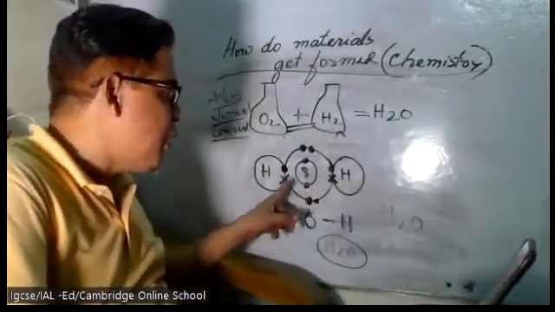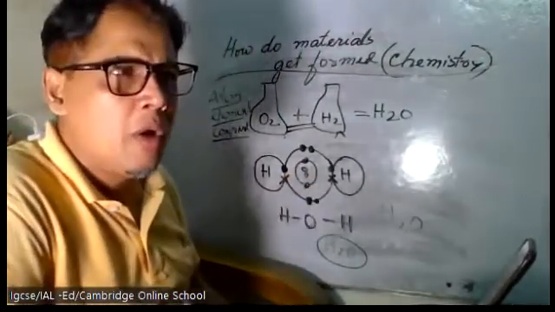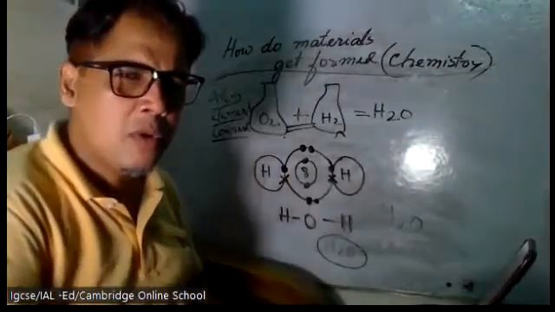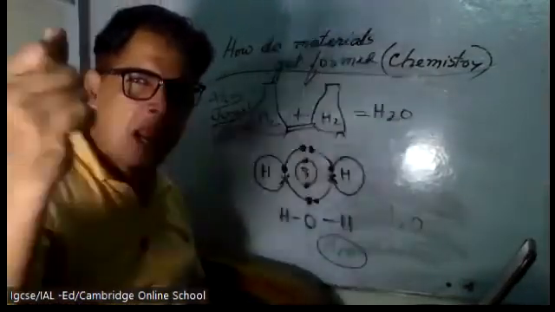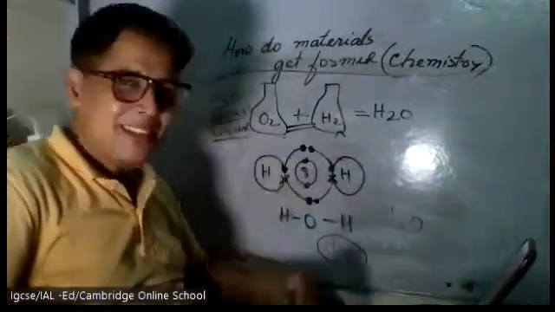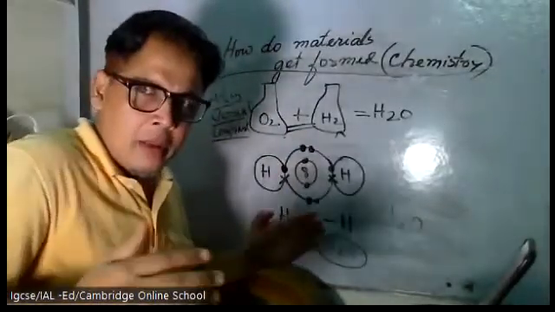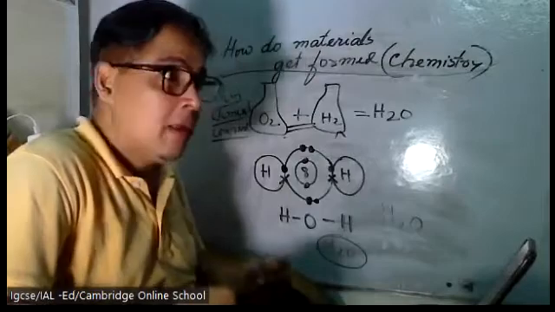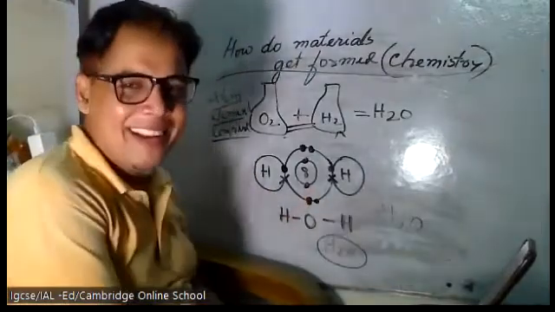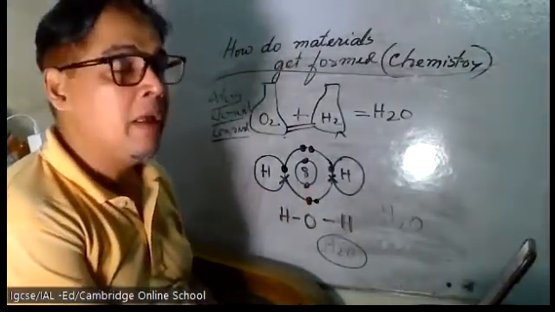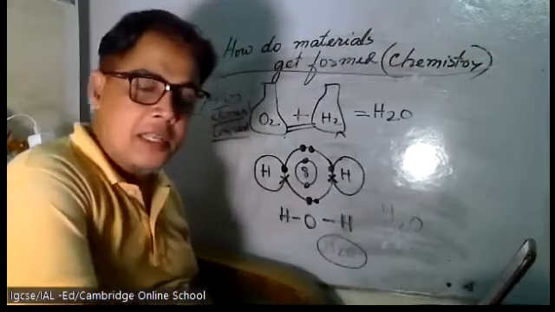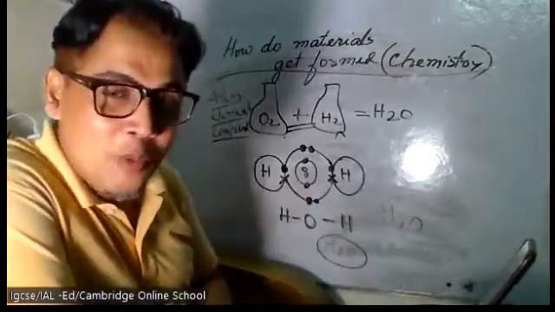So oxygen's outer shell is 6, and in the brain of oxygen, it thinks: I have 6, right? Hey, hydrogen, come. Hold me. Then oxygen and hydrogen make water. Oxygen's outer shell is 6 and hydrogen's outer shell is 1.